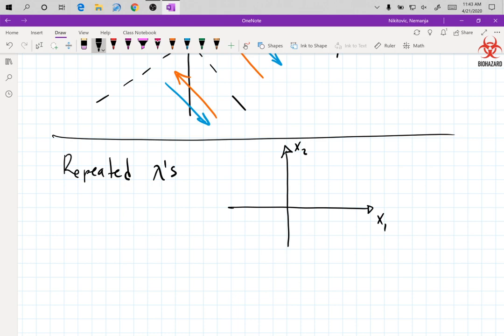Just one second, I have to verify one thing. Yeah, the independent eigenvectors. So these have more cases.